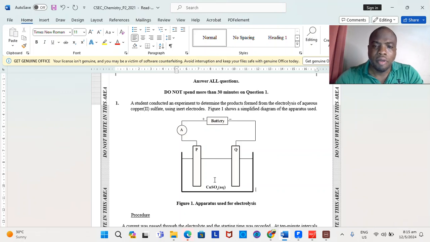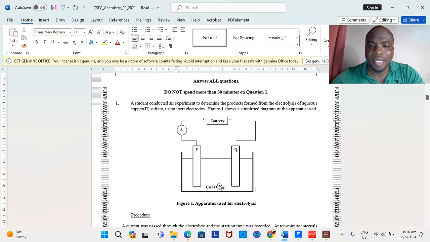And so before you place any substance in it for you to do the decomposition, it needs to be in a state where the ions are mobile. So CXC will make mention of it being aqueous. And once it is aqueous, it simply means that what they have done is to dissolve that salt, copper 2 sulfate, in water. If it is that they say molten, then they would have caused it to melt.